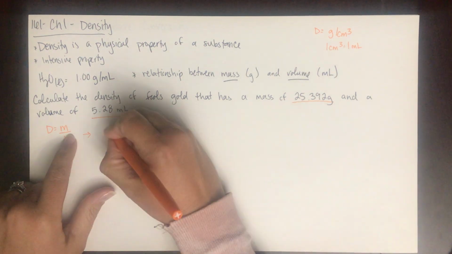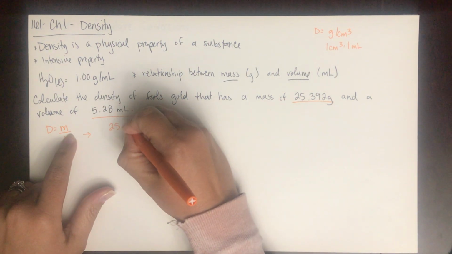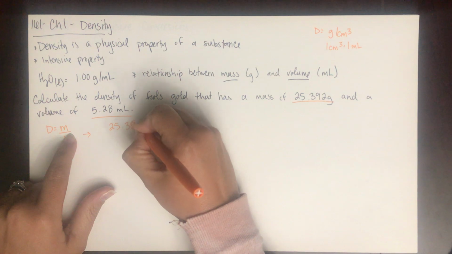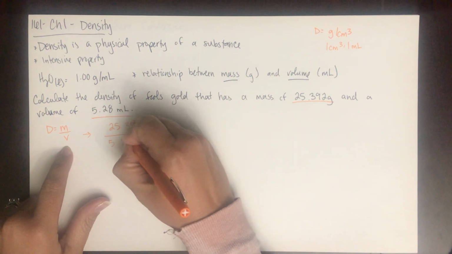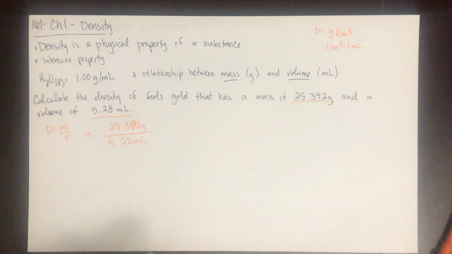Density equals mass, 25.392 grams, divided by volume, 5.28 milliliters.